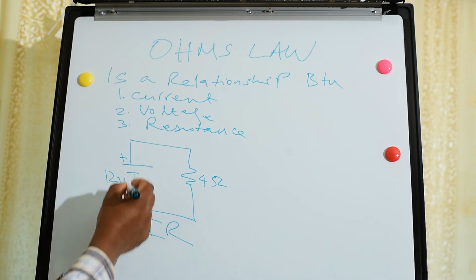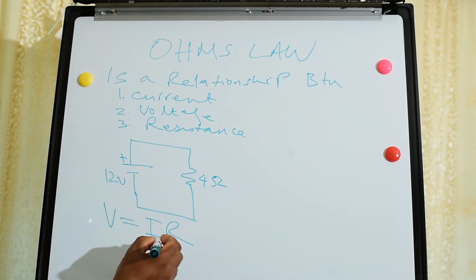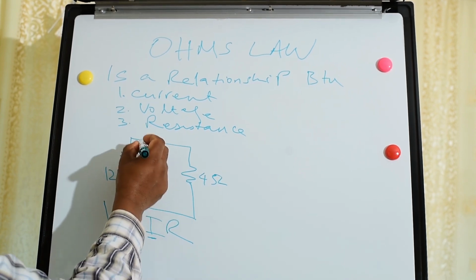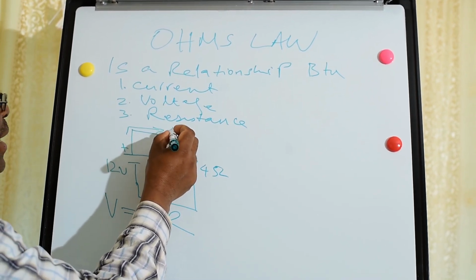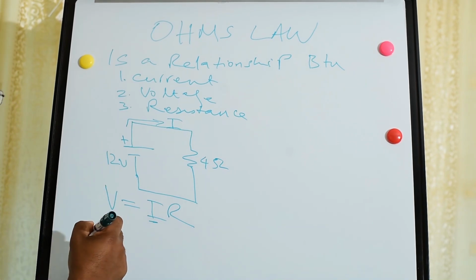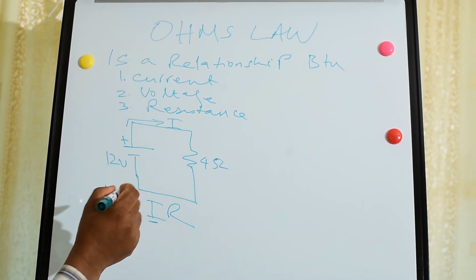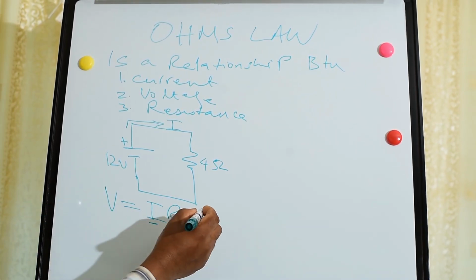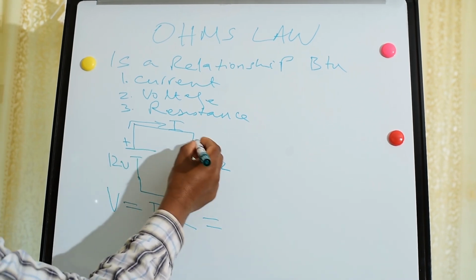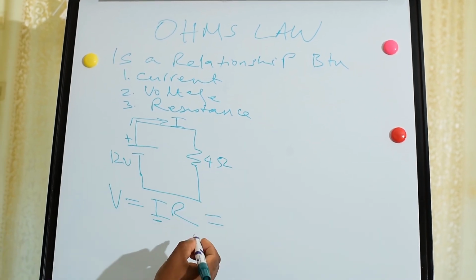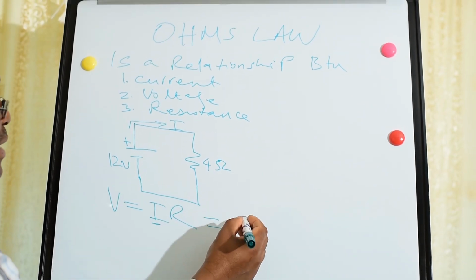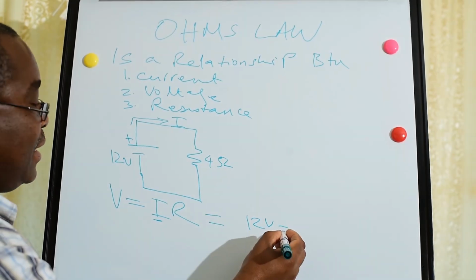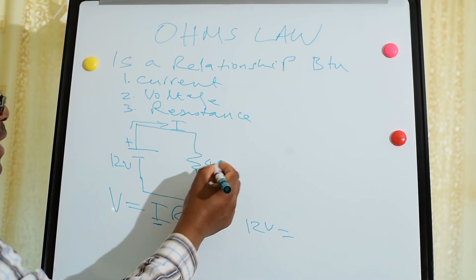So in our circuit, when we want to find the current, the current flows this way. The current symbol is I, and its unit is ampere. If we want to know how much current is flowing in this circuit, we have our voltage here, that's 12 volts. We have our resistance here, 4 ohms.